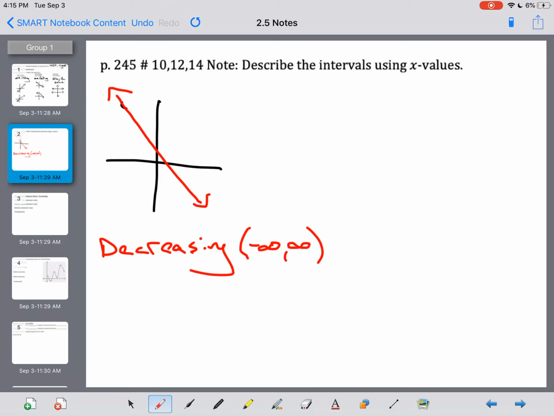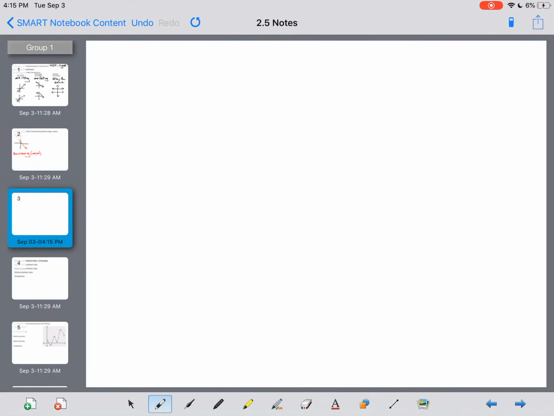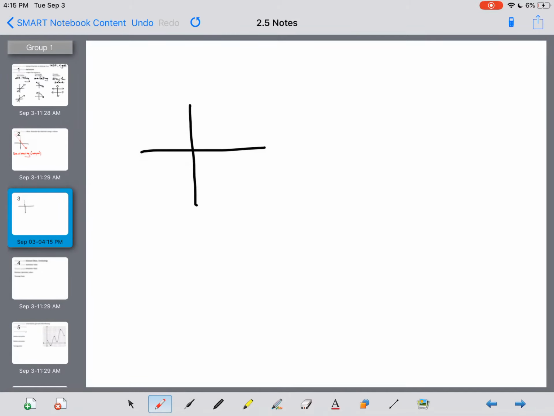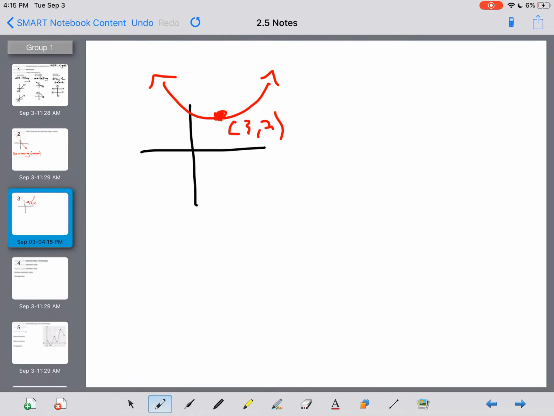The next one is just a parabola. I'll go ahead and make a new page here. We've got a parabola with a vertex at 3, 2. So it does something like this and says the vertex is at the point 3, 2. We want to describe intervals of increasing or decreasing.